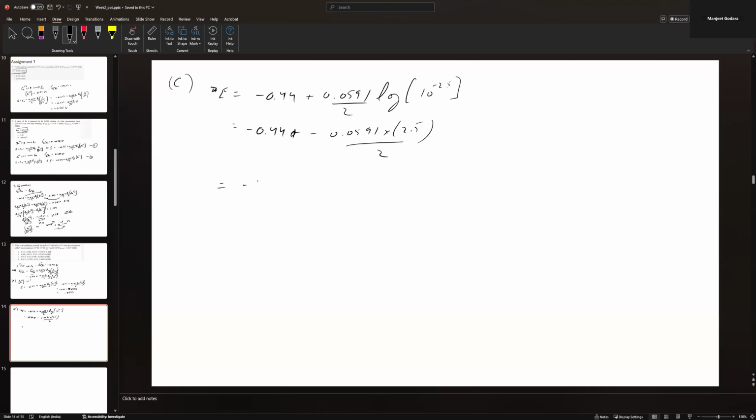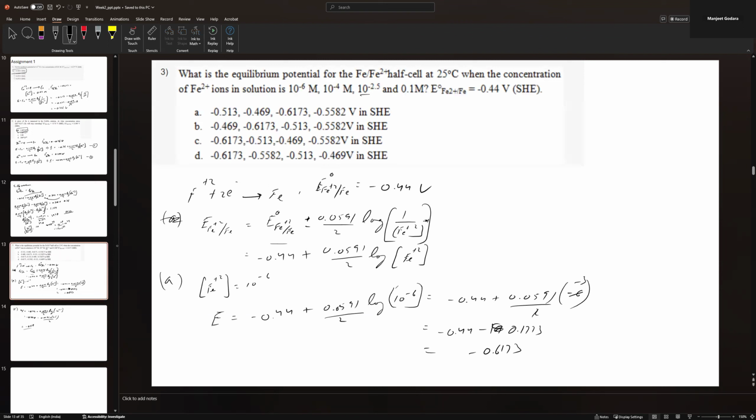We get minus 0.518. So D would be correct.